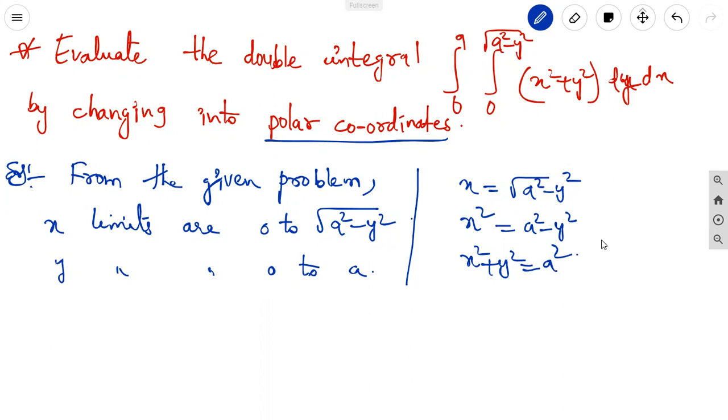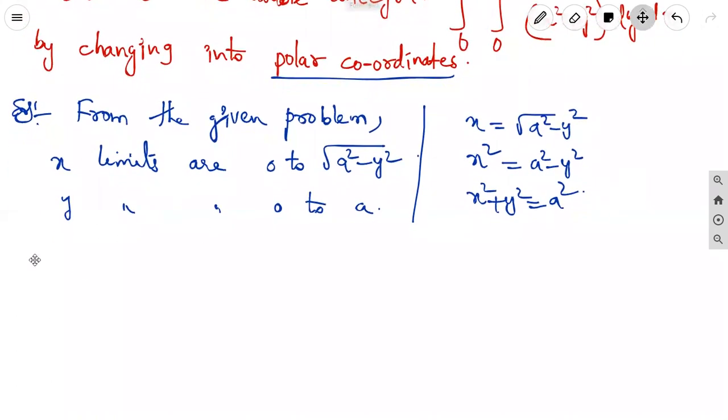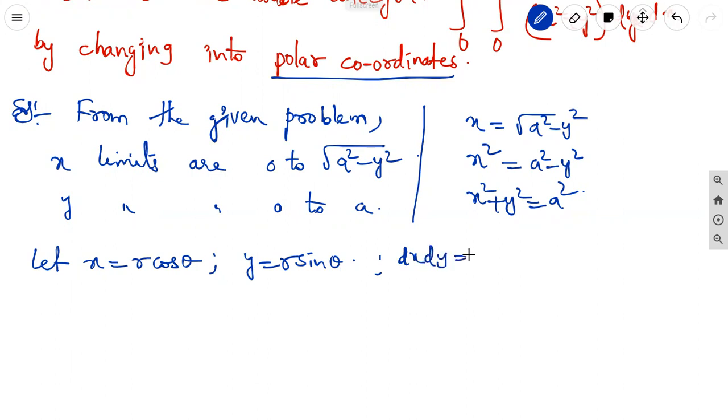Okay. Here, by the polar form we can let x equal to r cos theta, y equal to r sin theta in general. In the general polar form x equals r cos theta, y equals r sin theta, and we know that dx dy is equal to r dr d theta.